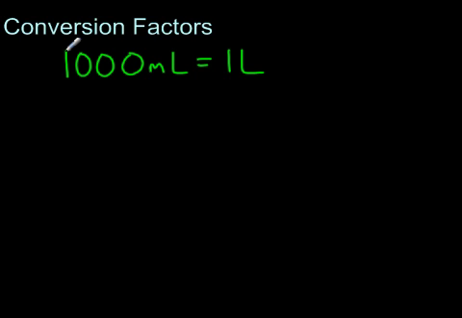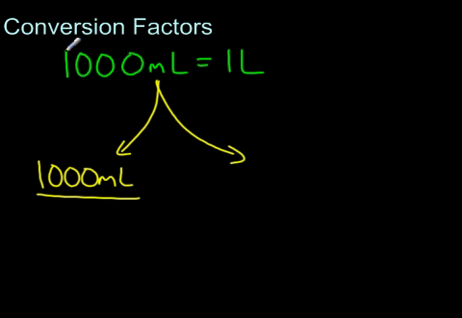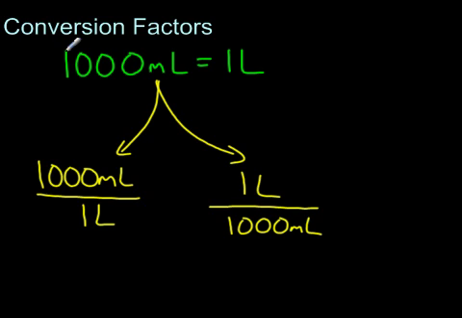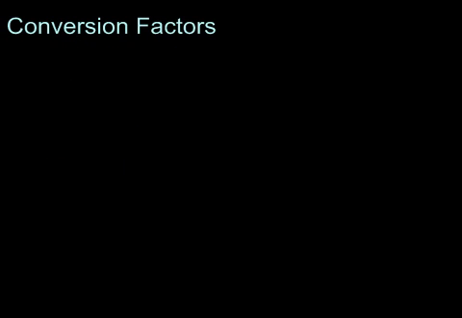Again, for every equality, I can make 2 conversion factors, or 2 fractions, out of that. The first one, put 1,000 milliliters on top, put 1 liter on the bottom. The other way is basically the same thing, just flipped around: 1 liter on the top, 1,000 milliliters on the bottom. So the trick here is to figure out which of the 2 conversion factors that you can get from a given equality you need.